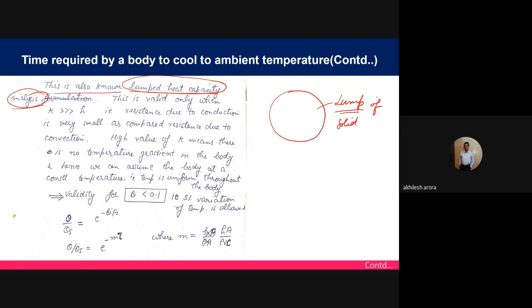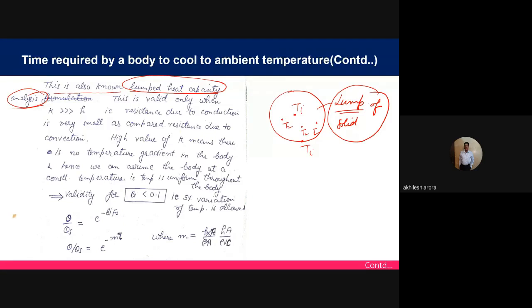Since we consider a lump, the temperature anywhere in it is the same: if it is Ti here, then it is also Ti everywhere, and if it is T2, then the temperature anywhere in the solid is T2.